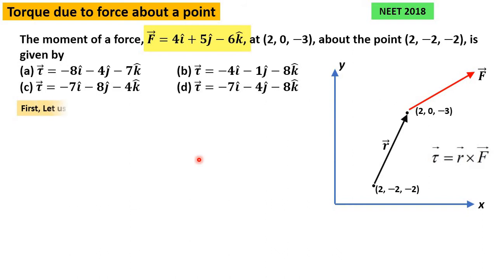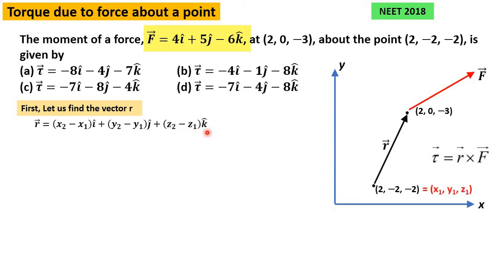So first of all, we should write down what is the R vector. So first let us find the vector R. According to vector algebra, when a vector is connected between two points whose coordinates are known, then the position vector R is given by x2 minus x1 i cap plus y2 minus y1 j cap plus z2 minus z1 k cap, where x1, y1, z1 are the coordinates of the tail of the vector and x2, y2, z2 are the coordinates of the head of the vector.